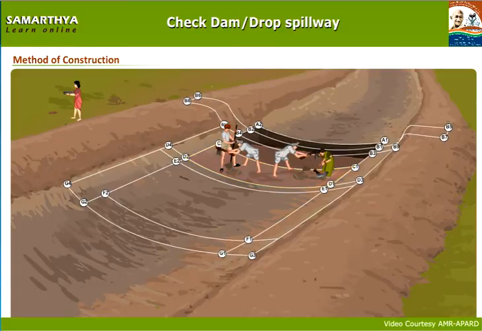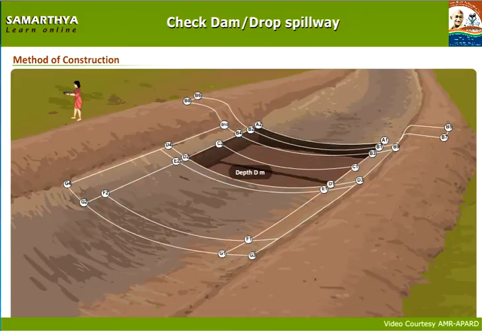Dig at the center of C1, C2, D2, D1 as per solid apron design and deposit the excavated soil away. Mark at 0.15 meters around B1, B3, B7, B5, B2, B4, B8, B6 with lime powder.